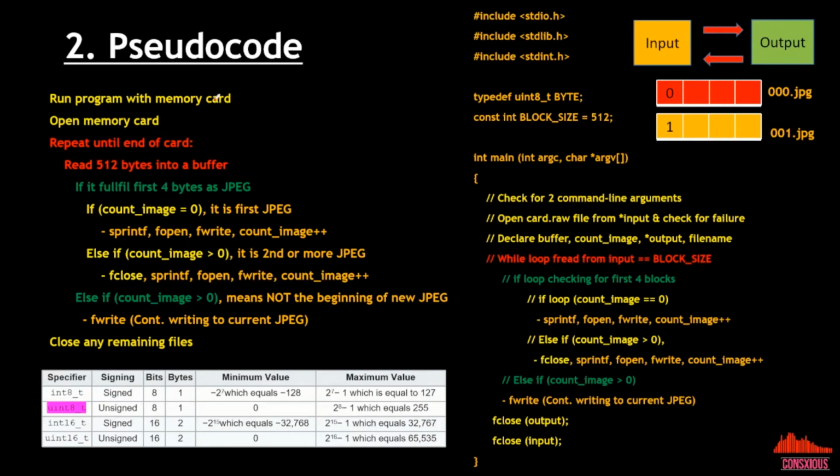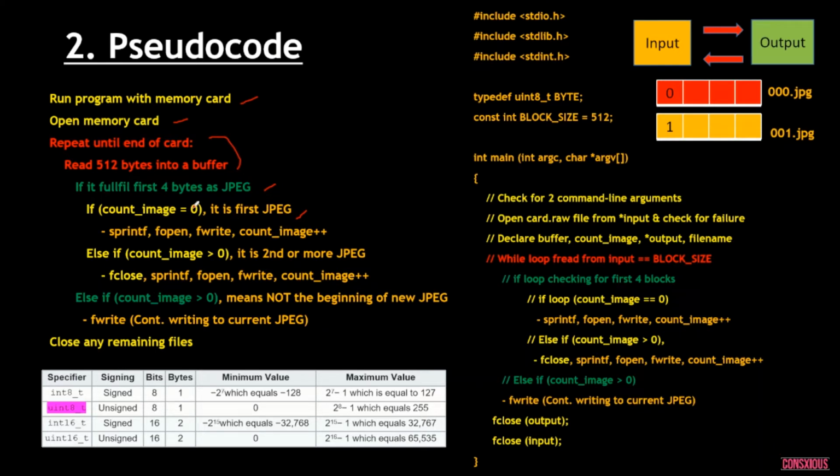As for the pseudocode, basically we run the program with the memory card, open it, and repeat a loop by reading 512. If the first 4 bytes are a JPEG, for the first image we sprintf a new file name, fopen, fwrite, and count the image.